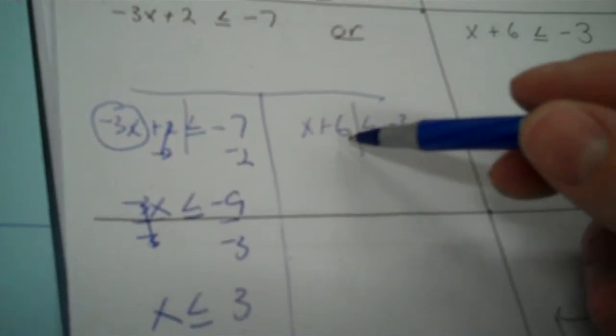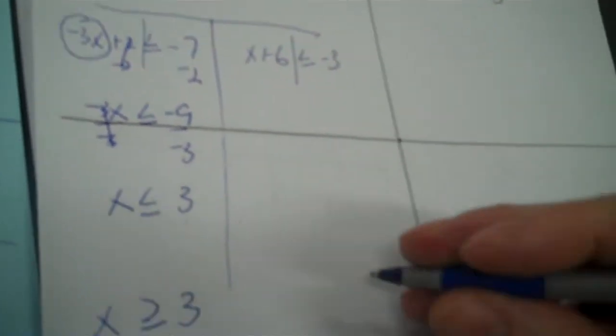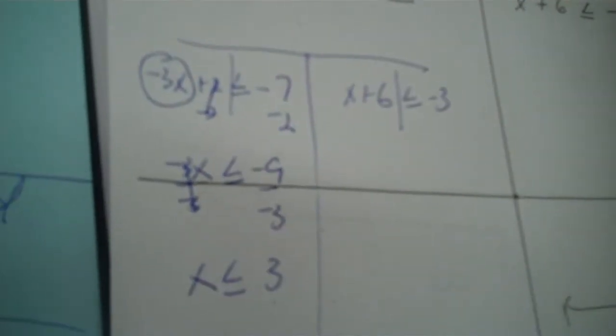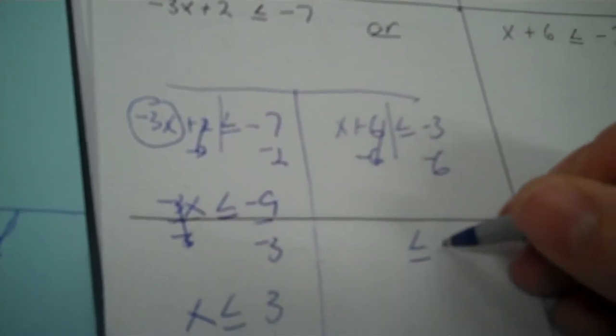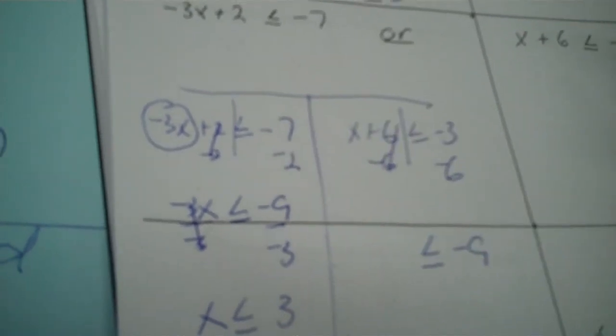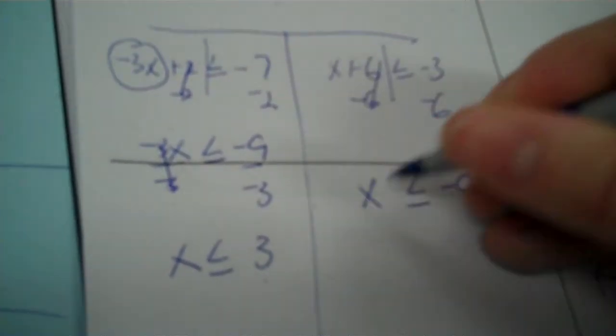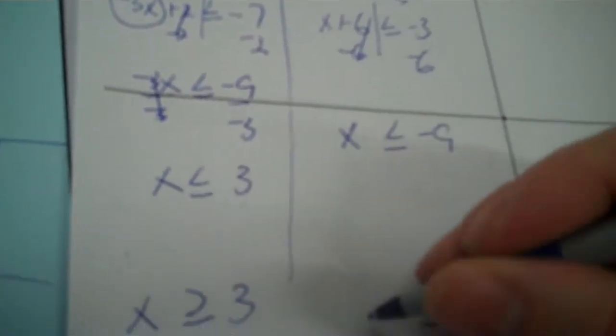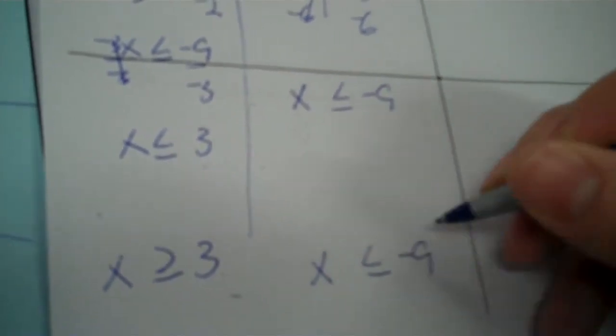Well, there isn't one, and if there isn't one, the sign's going to stay the same. You just have to subtract 6. So I didn't circle anything there because that side did not have any multiplication or division operation. So yeah. So we have x, -9. Okay, so I have +3 and -9.